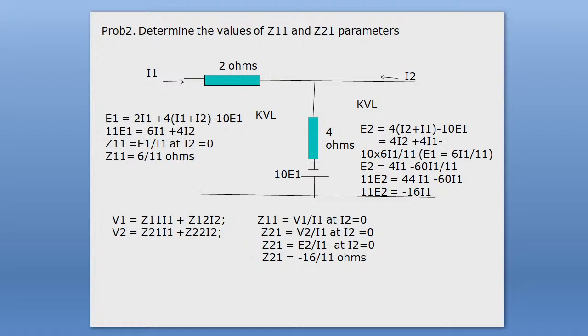To solve this problem, the first step is to write the expression of the desired parameter. Then you choose the left hand side loop or right hand side loop, whichever is required.